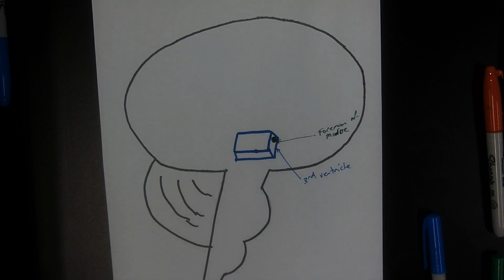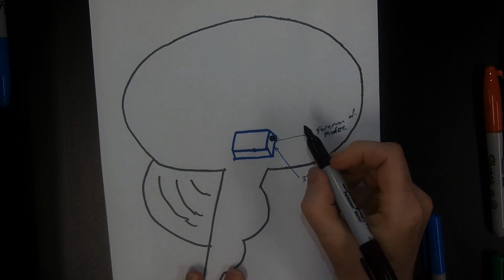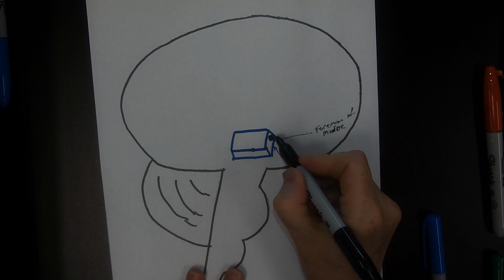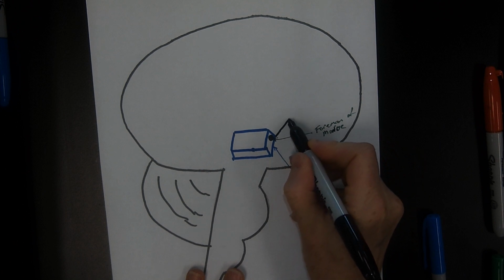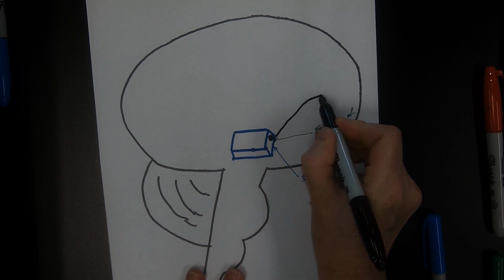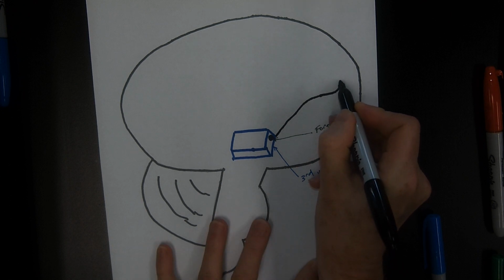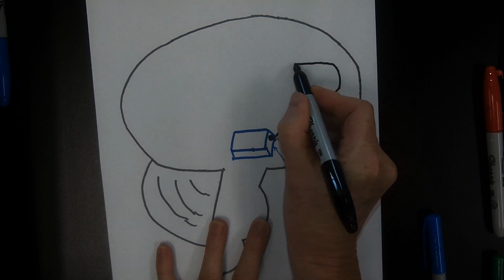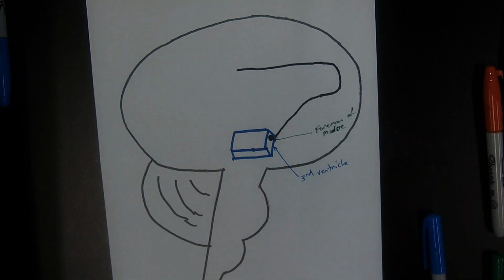And connected to the third ventricle is something called your lateral ventricle. So if I'm drawing my lateral ventricle, it looks something like this. It kind of comes up. This whole thing that I'm drawing now in black is called your lateral ventricle.